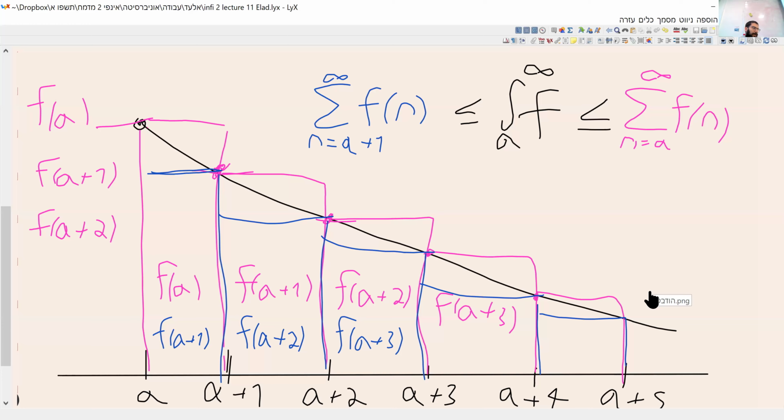F is decreasing, but as long as you move forward, you add more and more area. You add less area in each segment, but you're still adding. So defining this integral from a to b, it is an increasing function. And if the series converges, the integral is an increasing function which is bounded, so it converges as well.